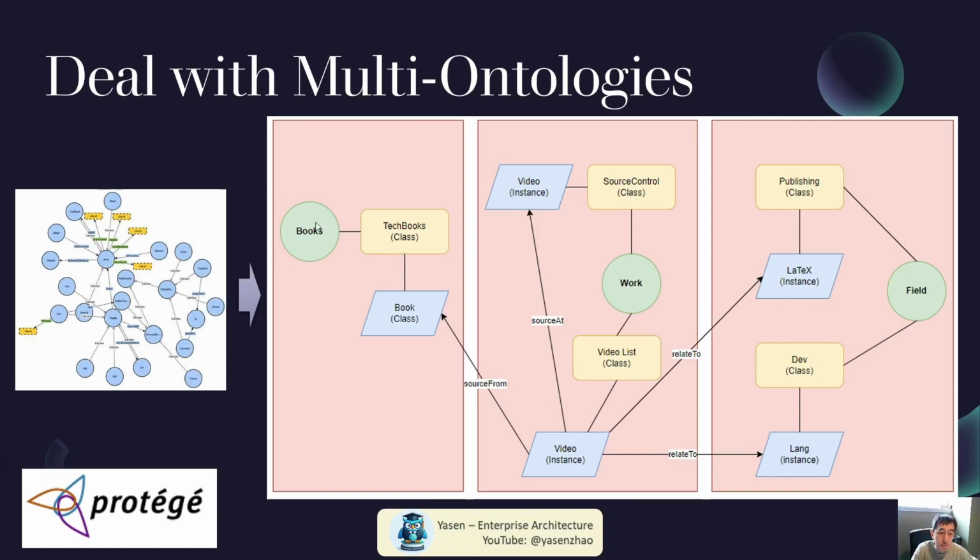So books have a broader view, and it's not suitable to put them into this video-related ontology. That's why I want to test: if I create books as another ontology, how can my published work ontology use that.